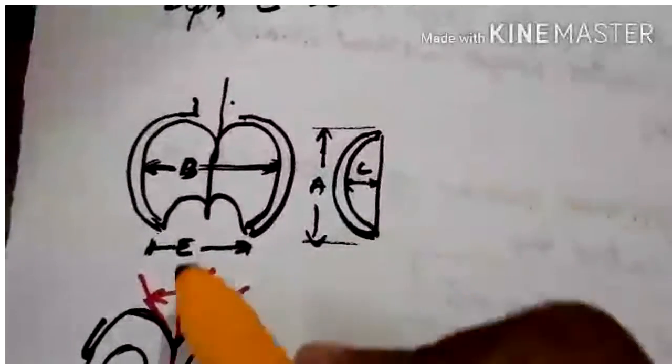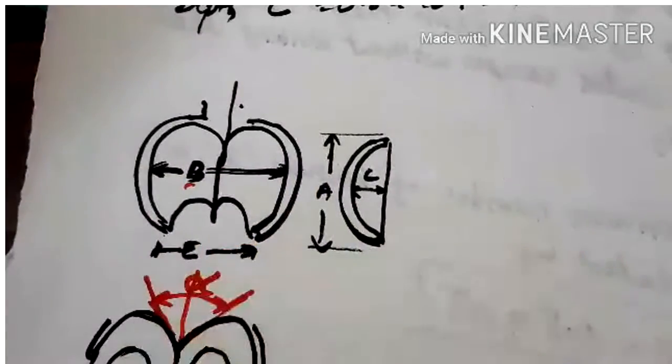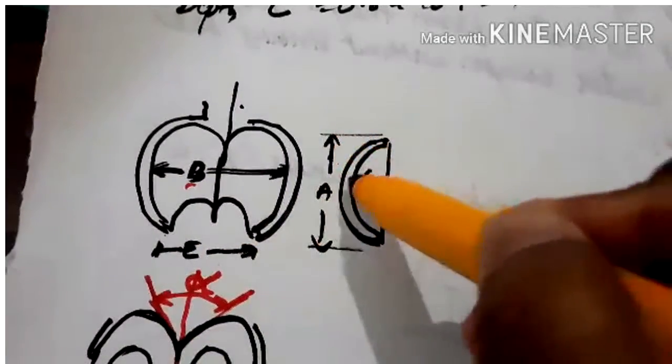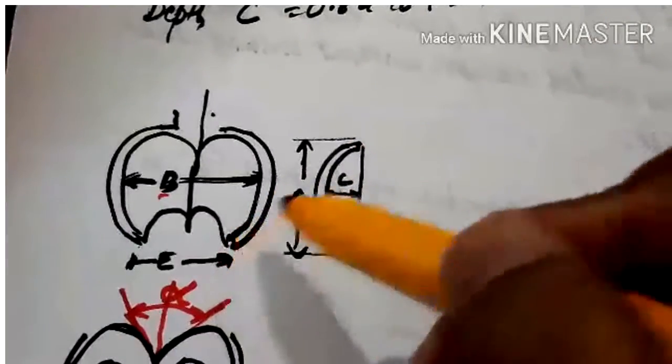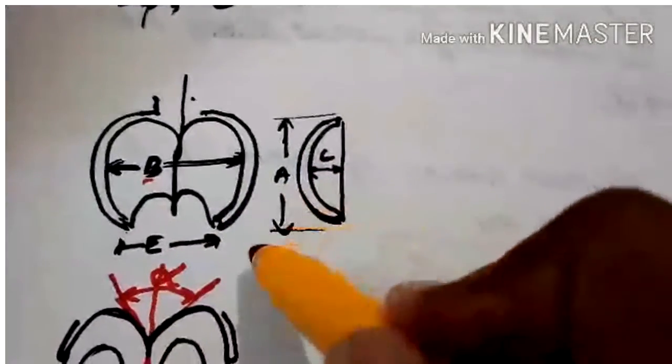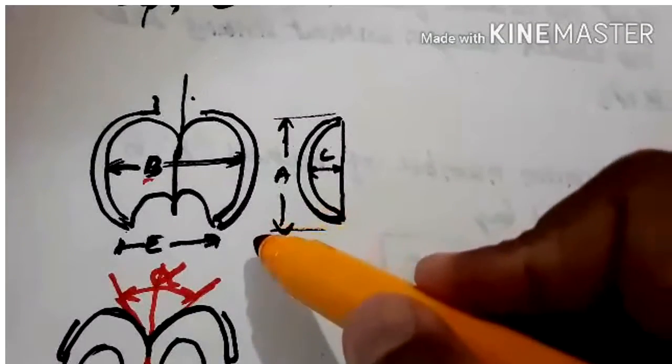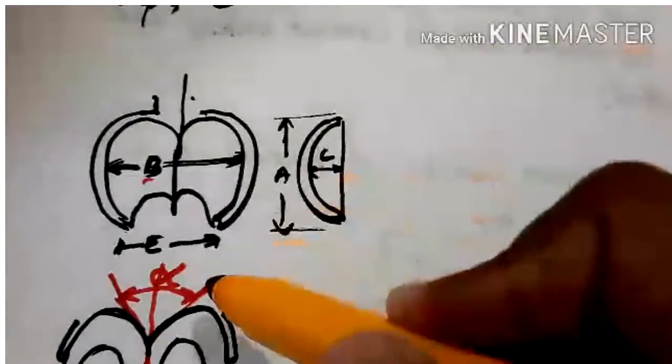So here I have marked the axial width, the groove width, the radial width, and the depth of the bucket. The shape of the bucket I have already shown in the previous lecture, the plan as well as the cross section.